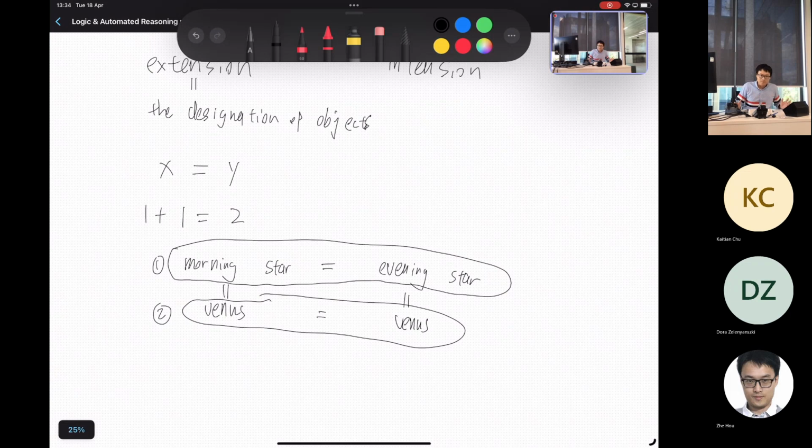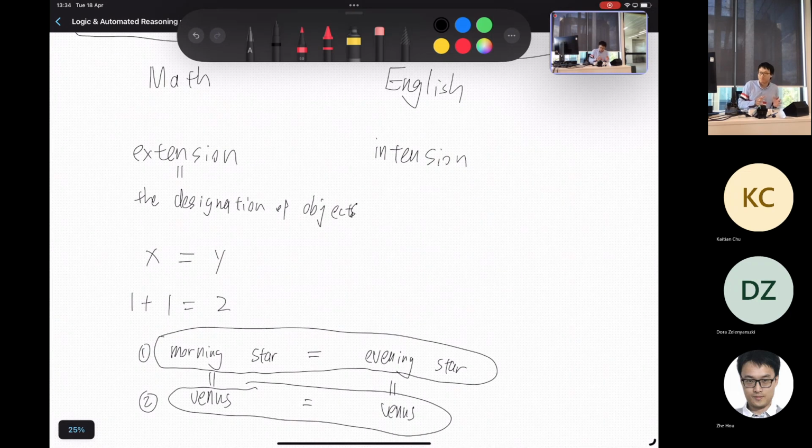But clearly they're different. So there's some sort of meaning that is more than just extension, and that is the intension. That's usually not what mathematics studies. That's what English studies.